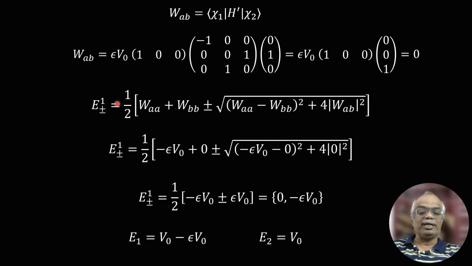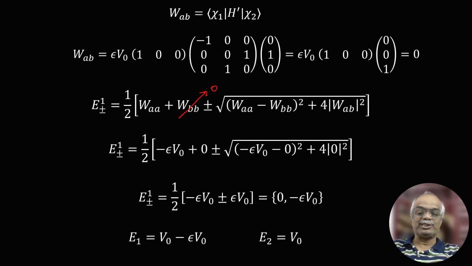Now from degenerate perturbation theory, the first order energy correction is E plus or minus 1 equal to half of WAA plus WPP plus or minus the square root of WAA minus WPP whole squared plus 4 modulus WAP squared. Here this is very simple. We have seen WPP is equal to 0.